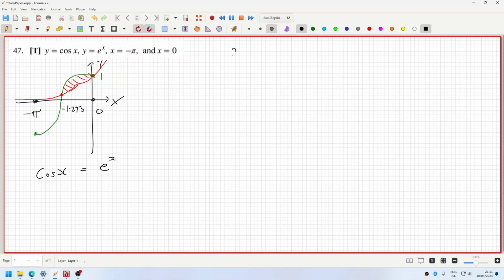Yeah, so it's the integration from minus 1.293 to 0 of cos x minus e^x dx. That would be sine x minus e^x, between the two numbers.